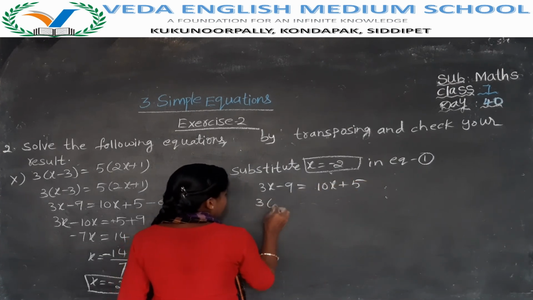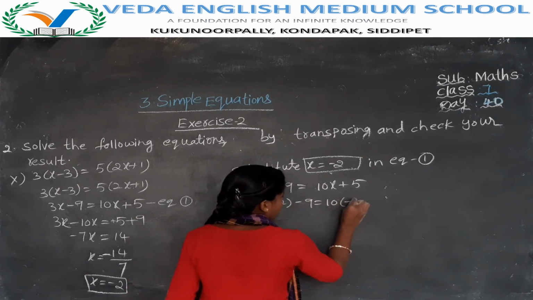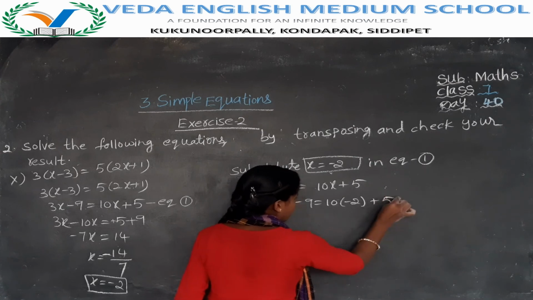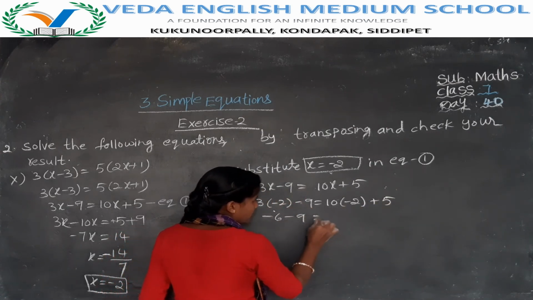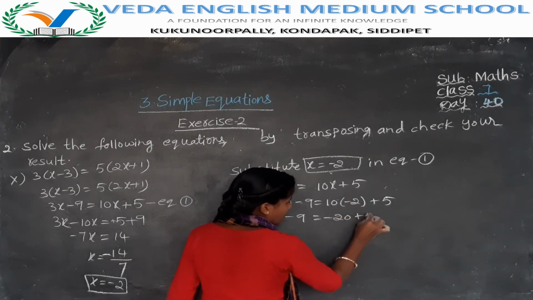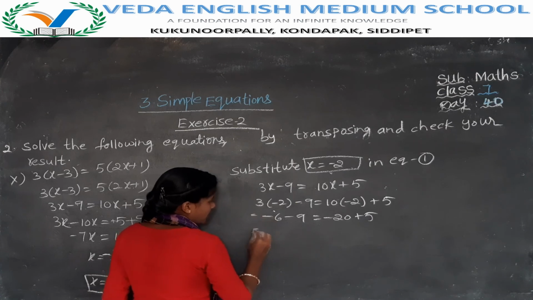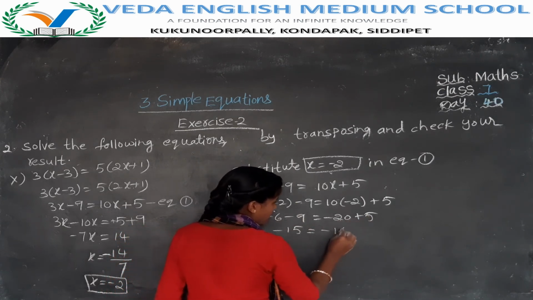Now 3 into minus 2 minus 9 is equal to 10 into minus 2 plus 5. 3 into minus 2 is minus 6, minus 9, minus 15, is equal to 10 2s are 20, minus 20 plus 5 is minus 15.